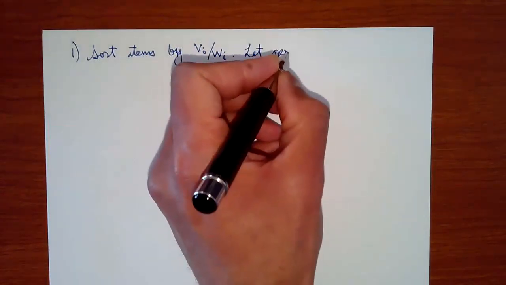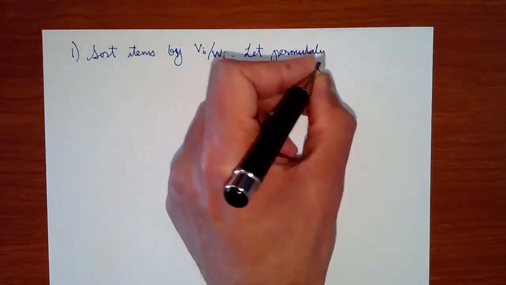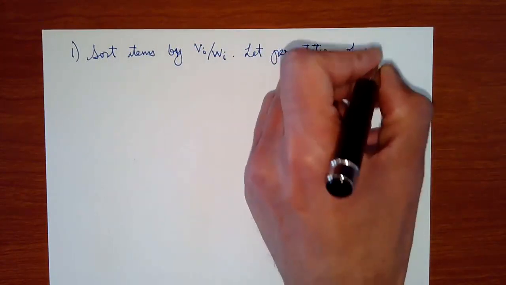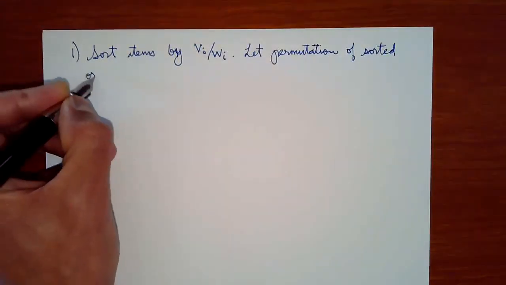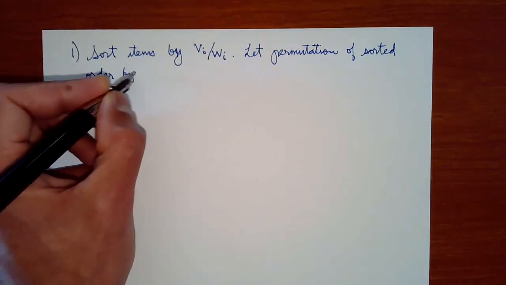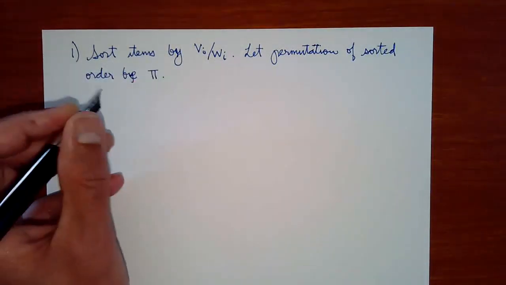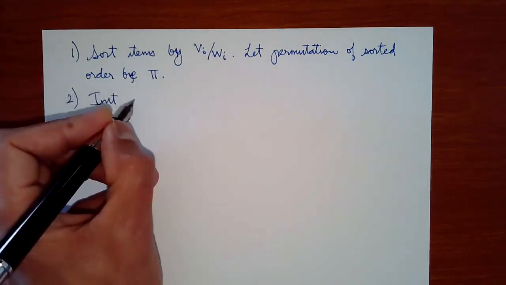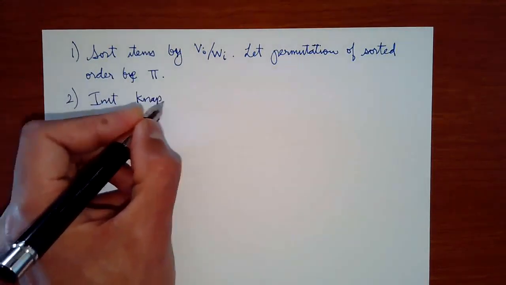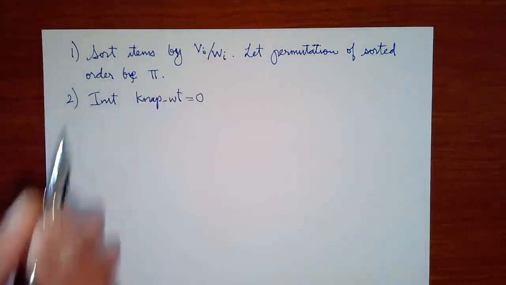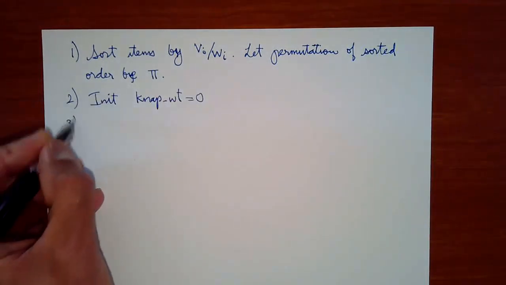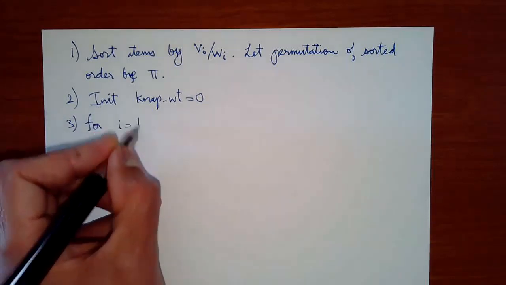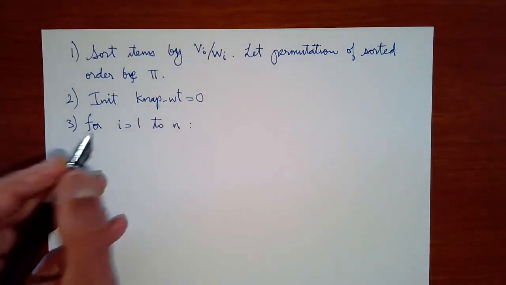Let the permutation of the sorted order be pi. We'll just initialize the knapsack weight as 0. And then I just loop through the elements for i going from 1 to n.